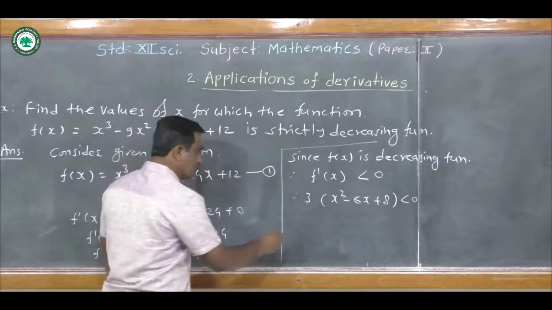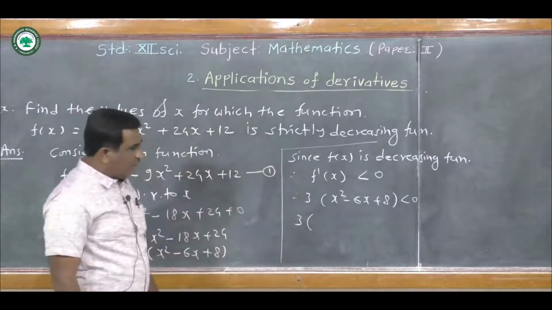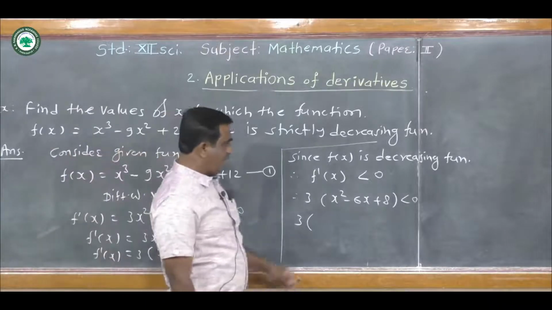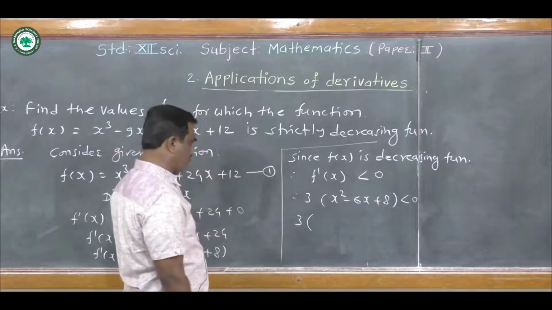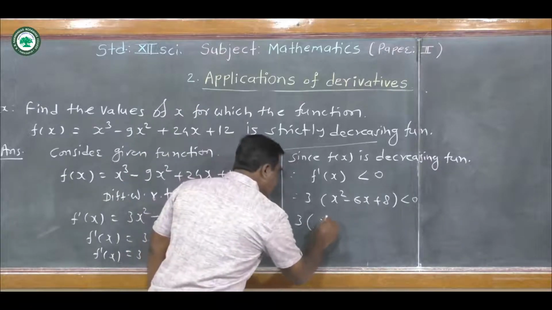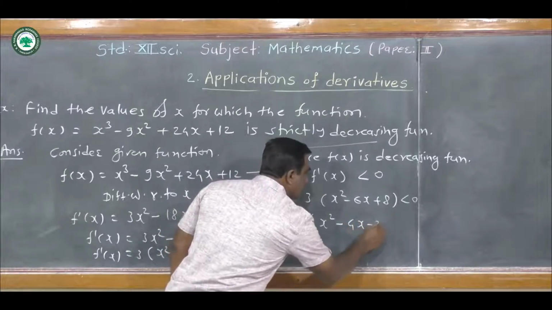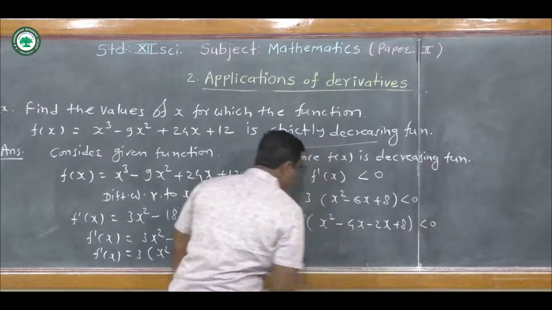Now we factorize this quadratic expression. Choose two numbers whose product is 8 and sum is minus 6. That is 4 and 2. So x square minus 4x minus 2x plus 8 less than 0.